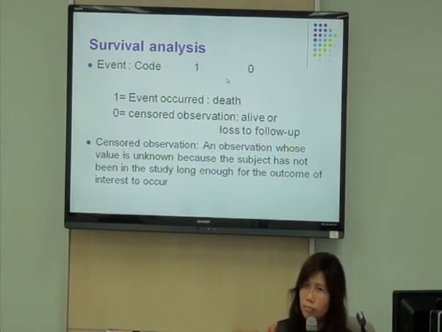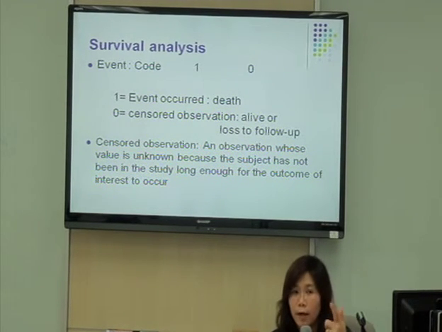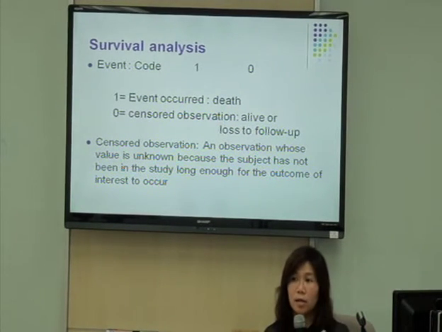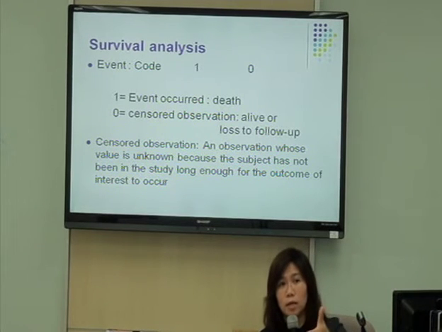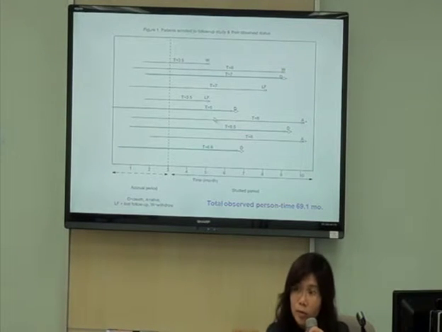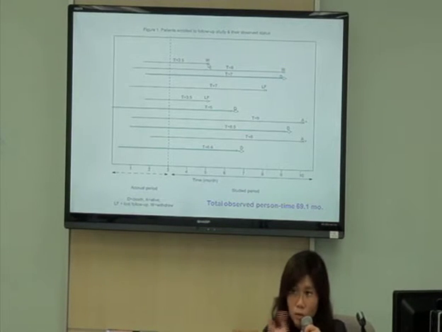So it depends on your interest. For this example, I just show you one outcome. That is our interest. But sometimes you might consider a composite outcome. Death or hospitalization, for example. Death or stroke, for example. Death or stroke is our composite endpoint. So if we go back to this scheme, if this subject develops stroke, the code will be 1 also.